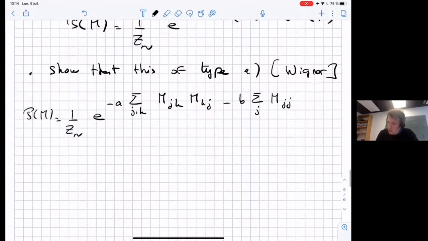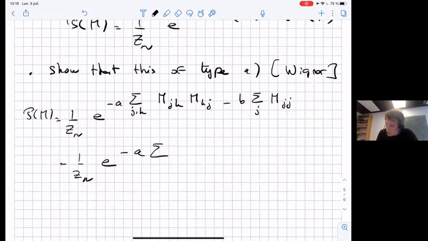Okay, so here let me rewrite the first term by separating in this double sum the diagonal terms, j equals k, and j not equal to k. So that's what it gives.